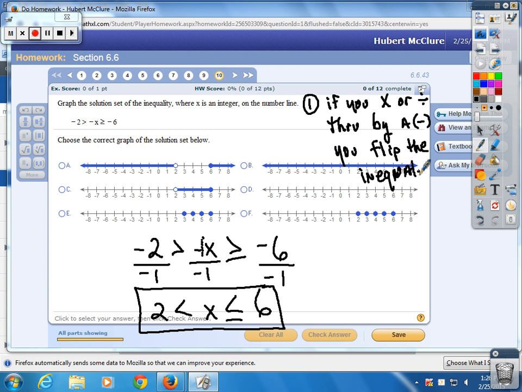When you multiply or divide through by a negative, you have to flip the inequalities. You flip them right at the last step, the step where you divide through.